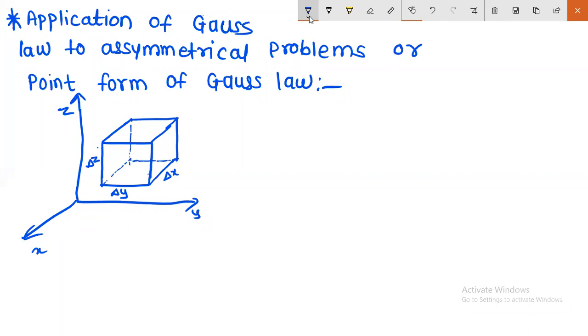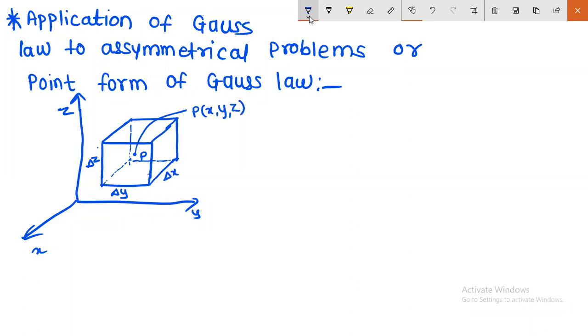Now I want to find the electric flux density here at point P. So I consider one point P, which is placed at the center of this rectangle, and this point P is having coordinates x, y, and z.